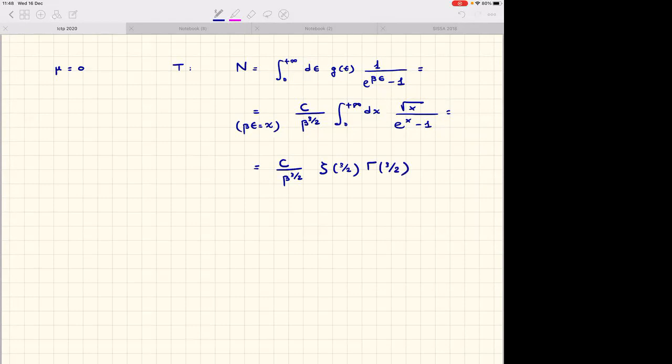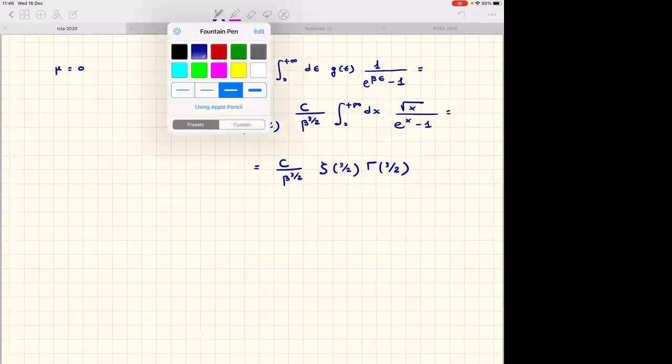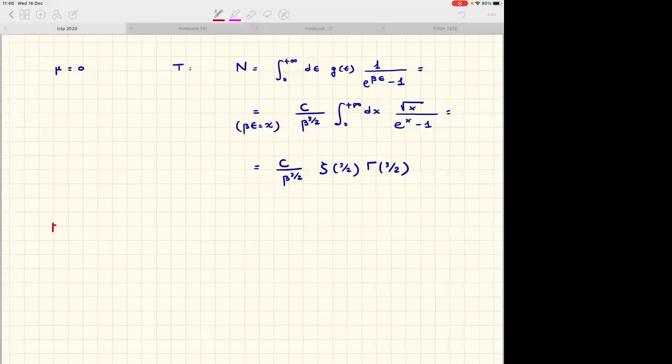So this is the result of this integration. And in practice, if this is the result, well, beta we know is 1 over kBT, and therefore we know that the chemical potential is going to be equal to 0 at a temperature Tc equal to n to the 2/3 divided by c times gamma to the 3/2 times zeta to the 3/2.